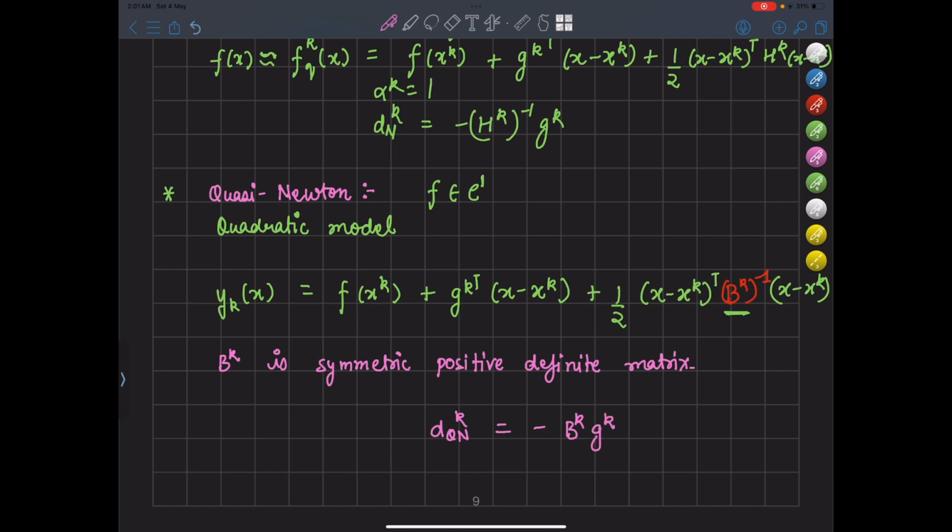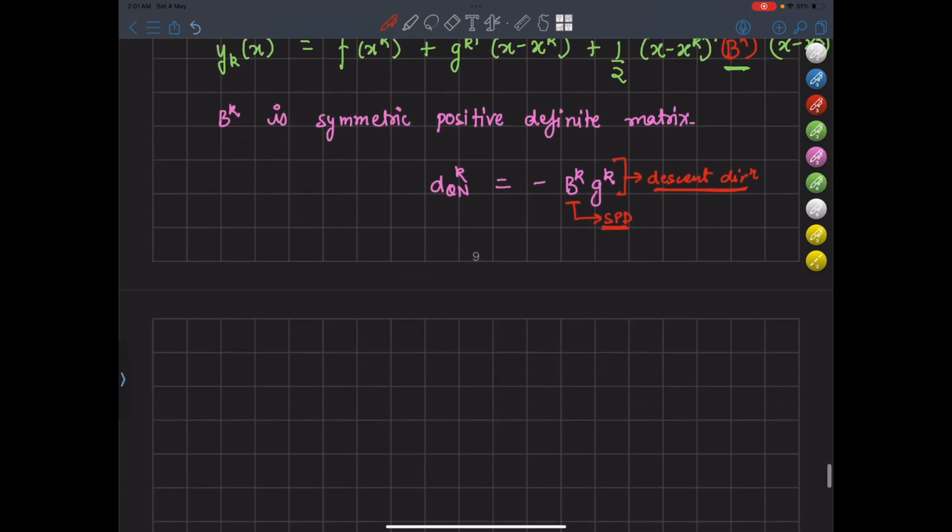And because bk is symmetric positive definite, this implies this is a descent direction. All right. So this is how we ensure that for Quasi-Newton method, the direction in which we proceed is a descent direction, which is not the case for Newton method, as we have discussed earlier, that hk is symmetric but may not be positive definite.